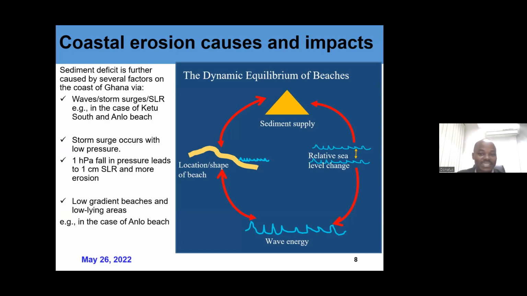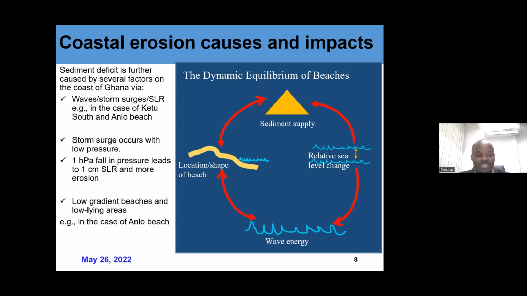Apart from the human influences, research along our coastline by researchers has shown that natural factors like waves, storm surge, and sea level rise are playing a key role. It is known that wave conditions along the Ghanaian coastline are moderate, consistent with what is experienced in the entire Western Africa.